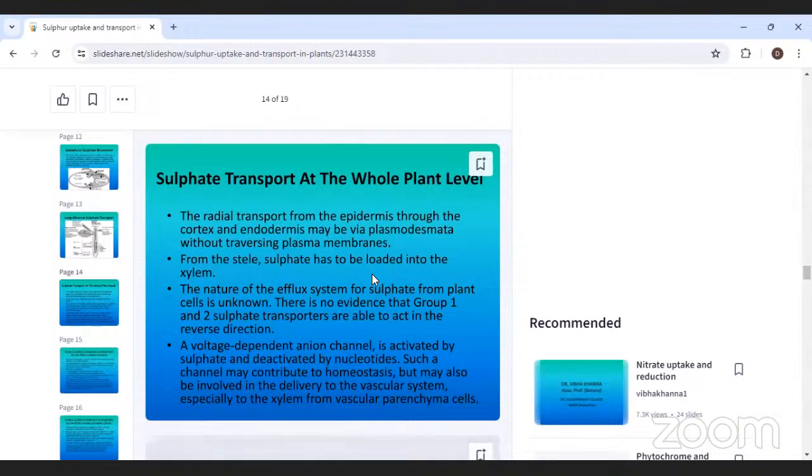PAPS is then reduced to free sulfite and ultimately sulfide in the presence of thioredoxin-dependent PAPS reductase and ferredoxin-dependent sulfite reductase, respectively.